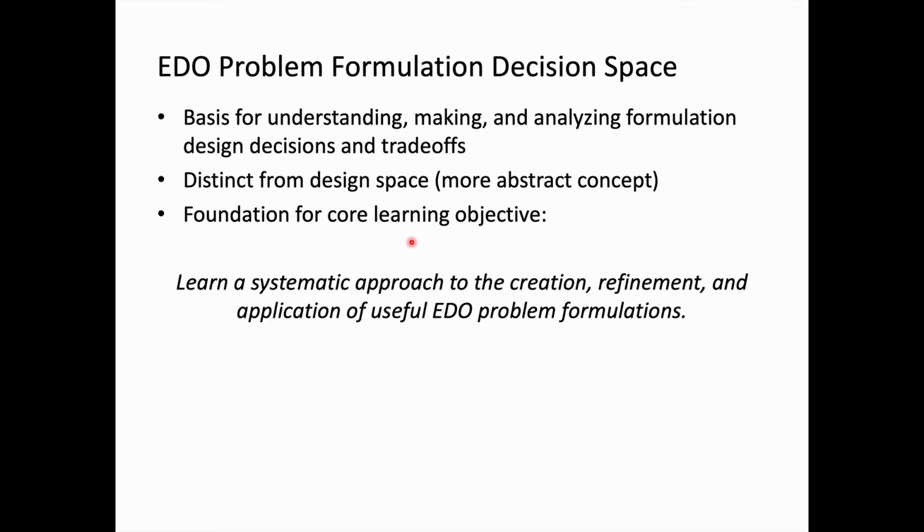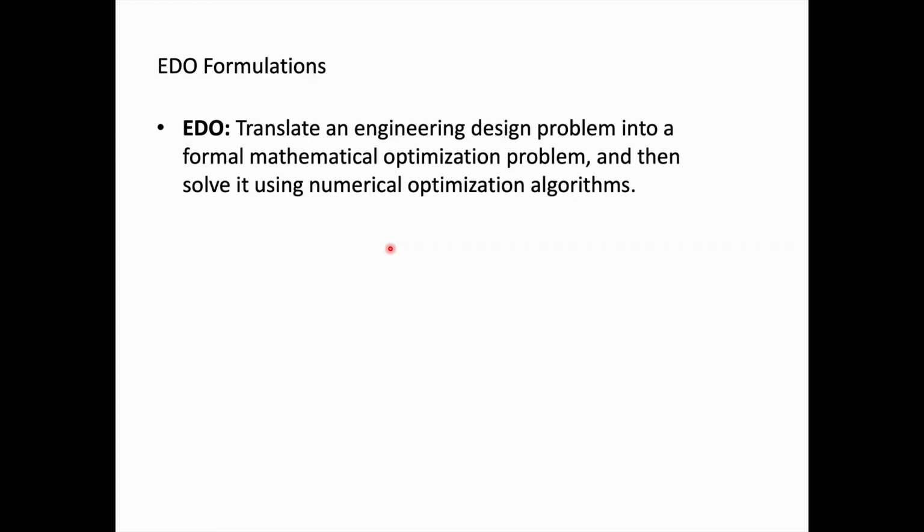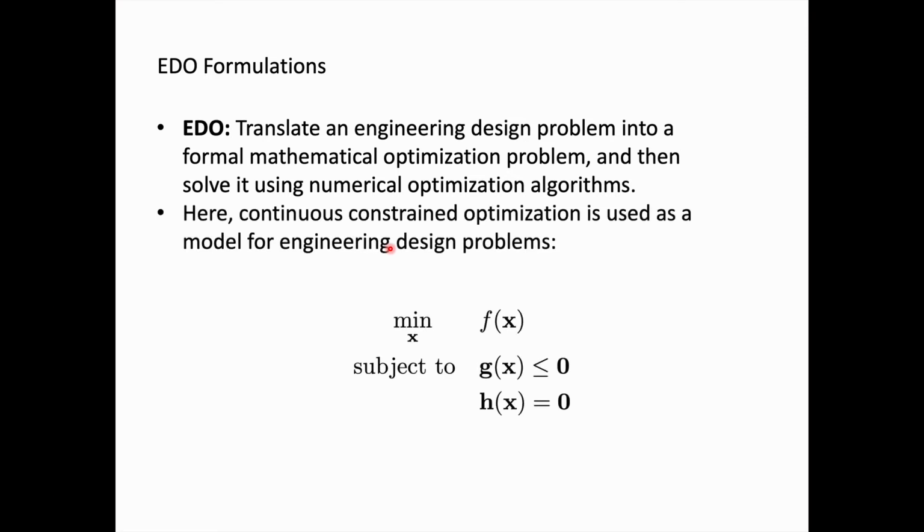This concept of the formulation decision space, this is a foundation for a core learning objective in this class. I want to help everyone learn a systematic approach to the creation, refinement, and application of useful engineering design optimization problem formulations. In engineering design optimization, we work to translate an engineering design problem into a formal mathematical optimization problem, and then solve it using numerical optimization algorithms.